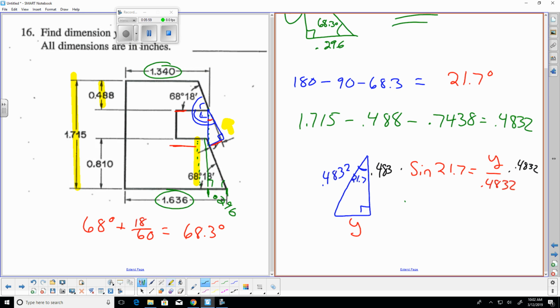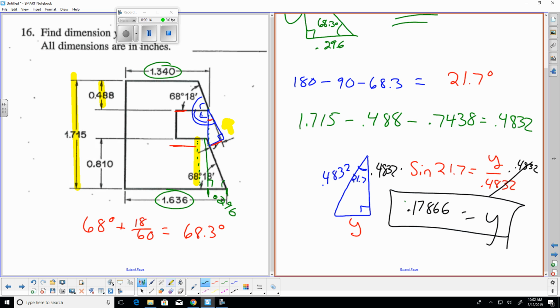Multiply both sides, these cancel, so your y value, which is your answer, should be 0.17866 is what I got, and that should be your answer right there, boys and girls. So there's another one, freebie. You just watched the video, you got another answer for free there.